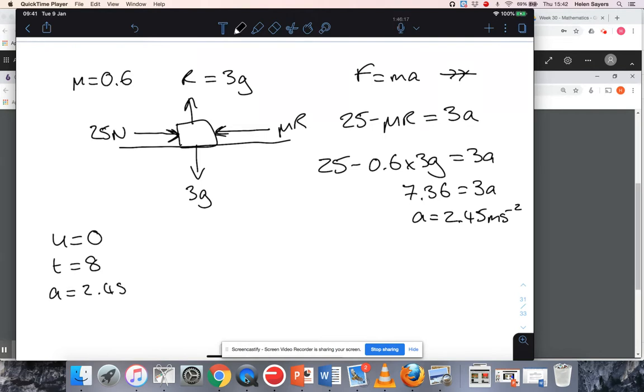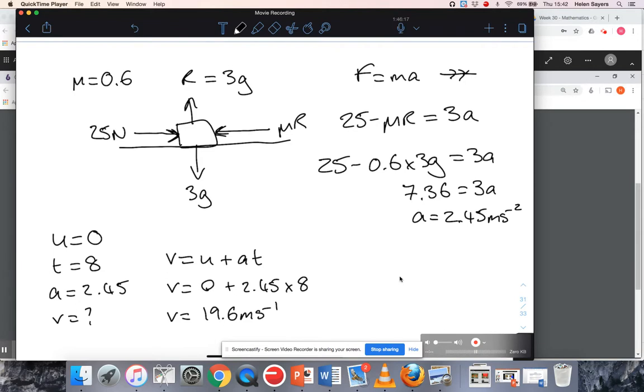So I will be able to find that velocity. I'm going to use v equals u plus at, so 2.45 times 8 gives me a final velocity of 19.6 meters per second. Okay, so there's my answer to part A.